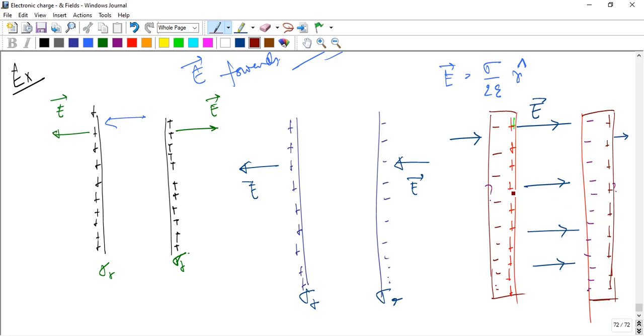If they are not neutral, one is a positively charged body and the other a negatively charged body, and we don't know what charge is present here. So the electric field is not like this. Here the electric field is 0, and here also it is 0, since plus attracts minus and the sum is 0, and one plate contains only positive and the other only negative charge.